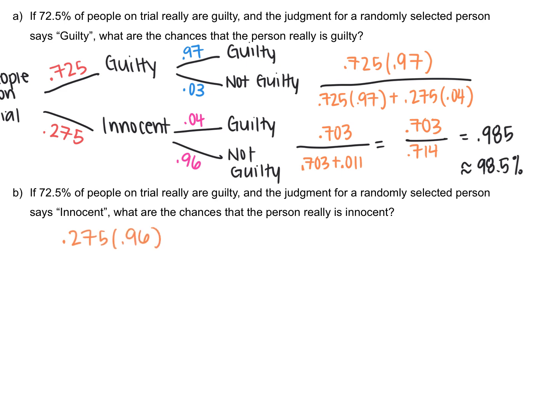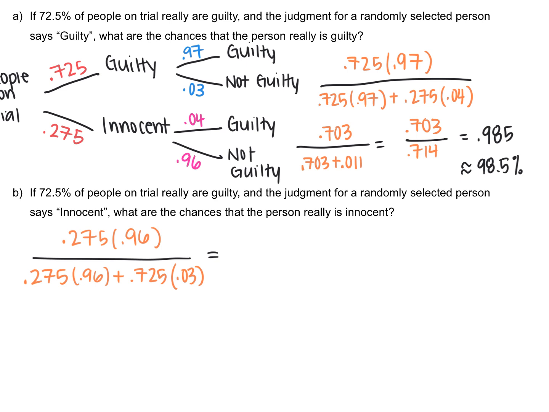And then for the denominator, we'll have the 0.275 times 0.96 plus you're guilty and you're found innocent, which is 0.725 times 0.03.